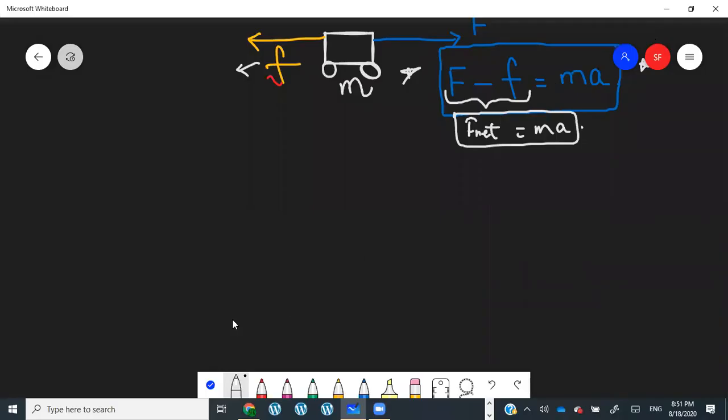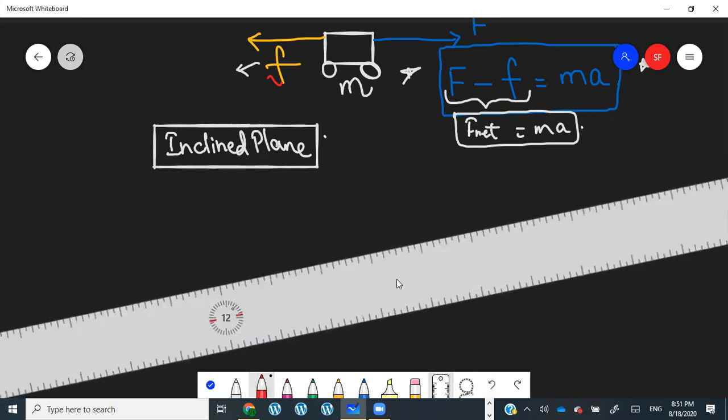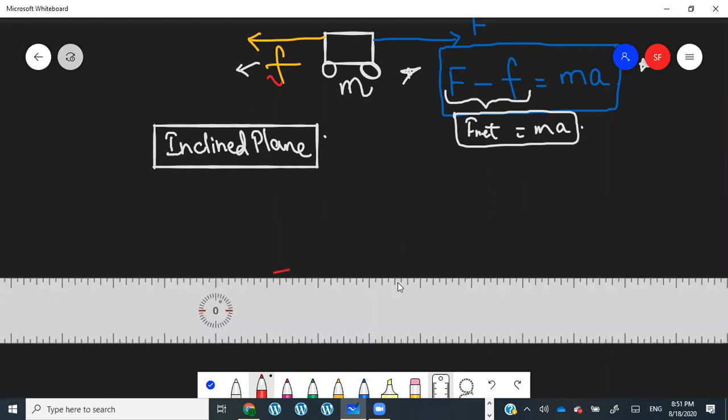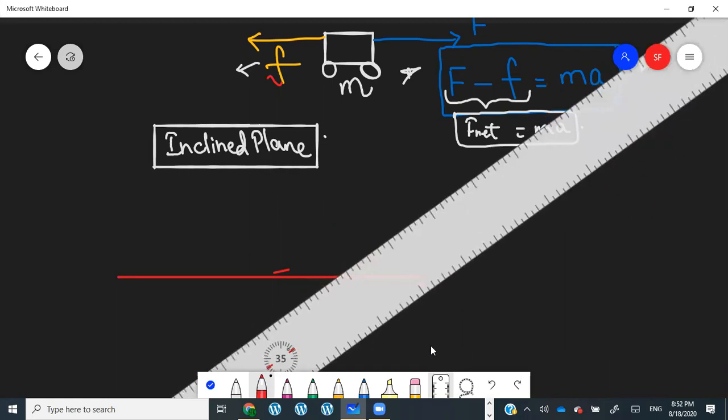Inclined plane, basically. Yes. On an inclined plane, we can apply Newton's second law as well. So if you have an inclined plane, this is your horizontal ground, and there is a ramp in front of it at an angle to the horizontal, moving upwards.